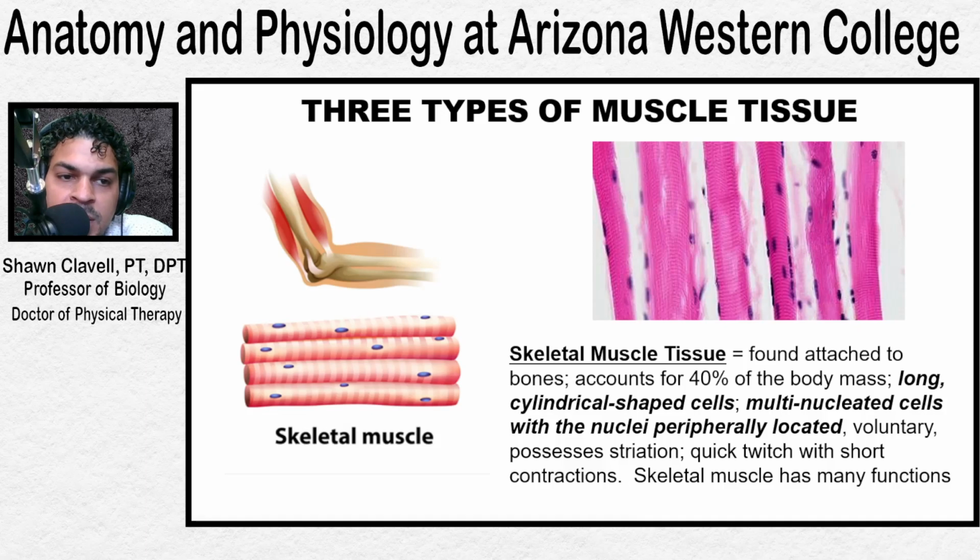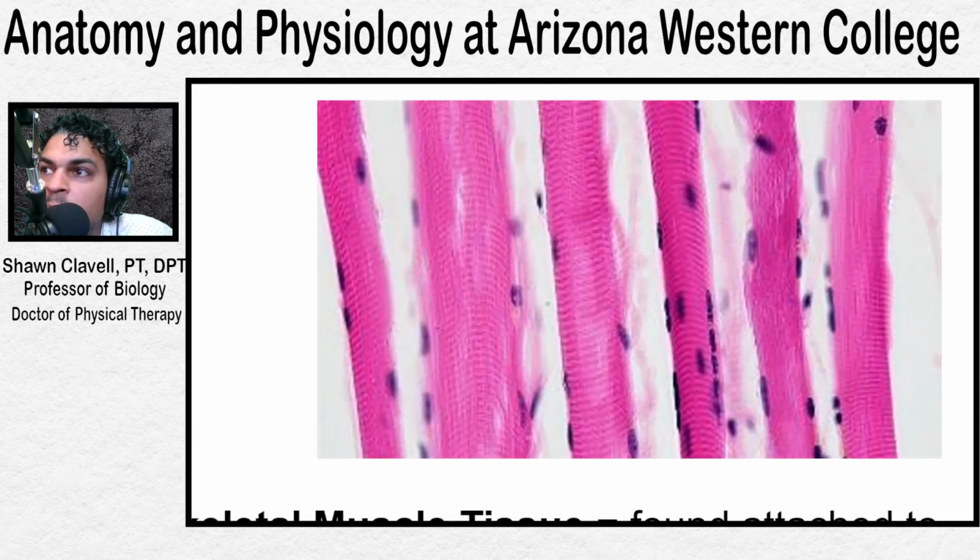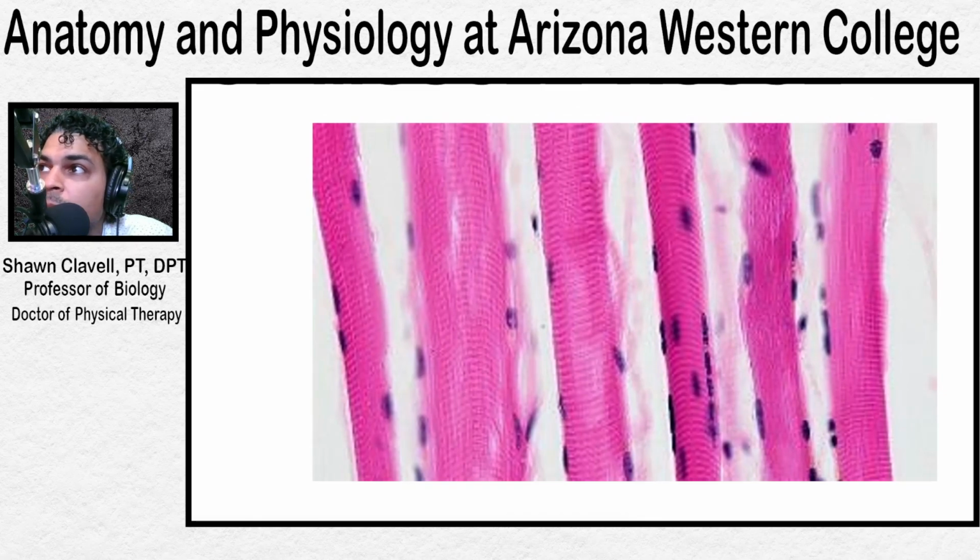So if we take a look here, we'll zoom in one more time. We can see the skeletal muscle tissue here with its brilliant striations. These cells are the muscle fibers, with a long cylindrical shape. And they're bundled in fascicles. They're all attached in fascicles.